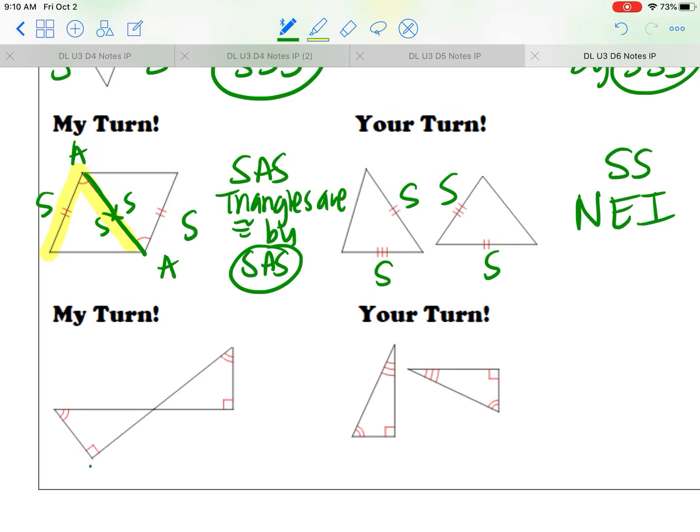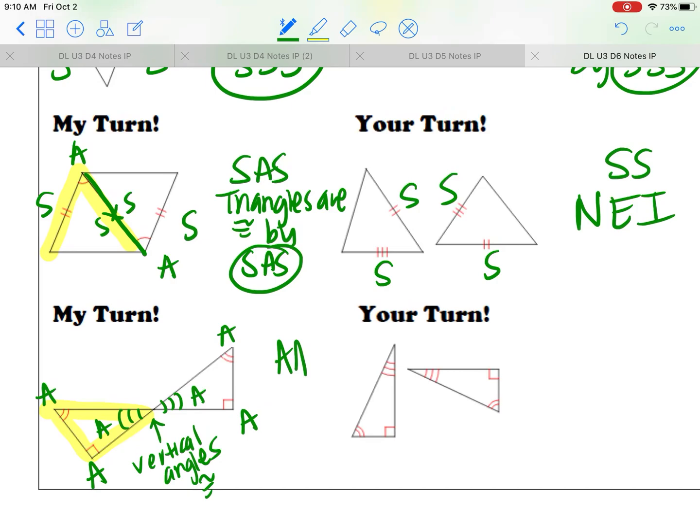On the next one, we have a pair of right angles, another pair of angles with two hooks, and then I can add the three hooks here because what's going to support me doing that is that these are vertical angles, and vertical angles are congruent. So that's going to give me a third pair of angles. So when I'm trying to determine the shortcut, I notice that this is angle, angle, angle.